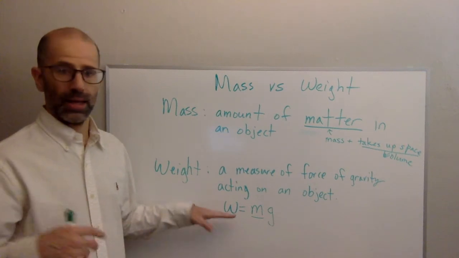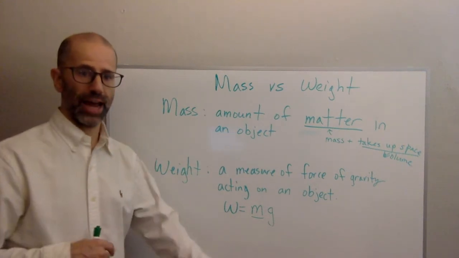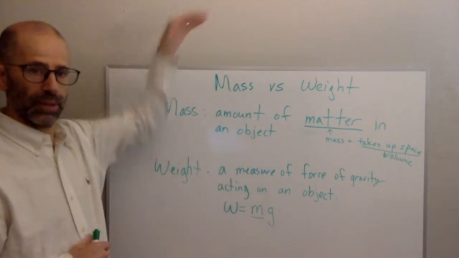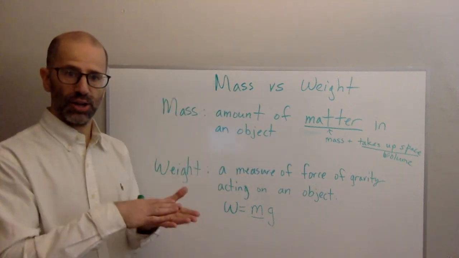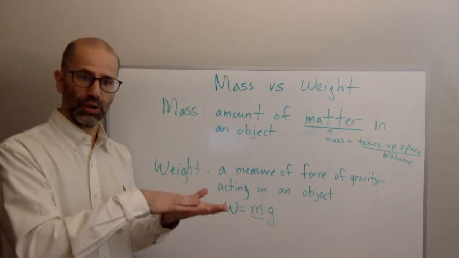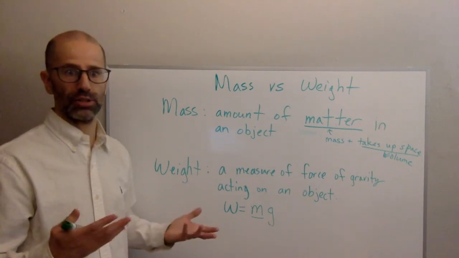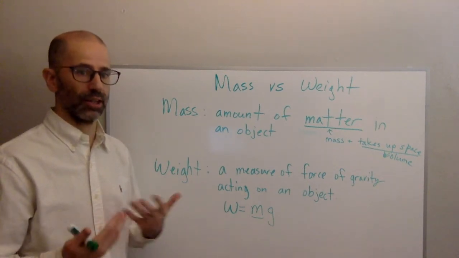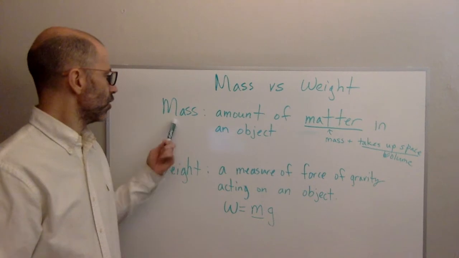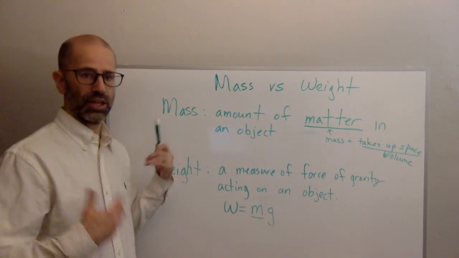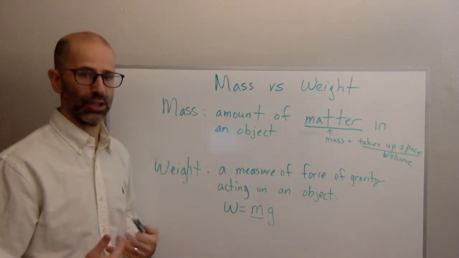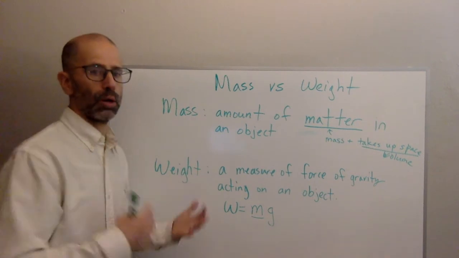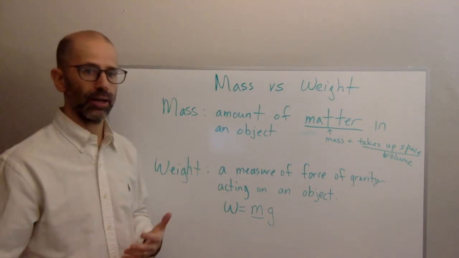Okay, so even if you're down in a valley versus up at the mountain peak, your distance from the center of the Earth, the center of gravity of the Earth, changes. So your weight is going to change a little as well. Your mass is not going to change. The amount of stuff you have in you doesn't change when you go from one place to another, right?